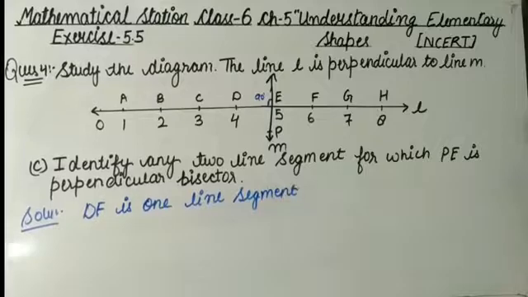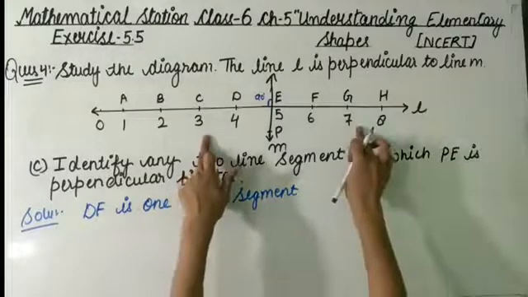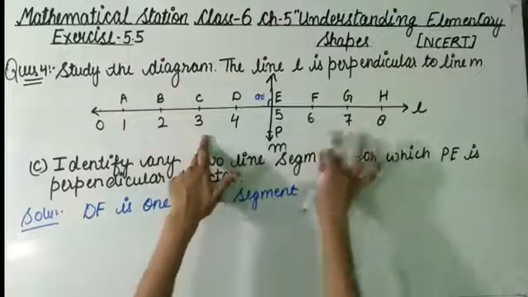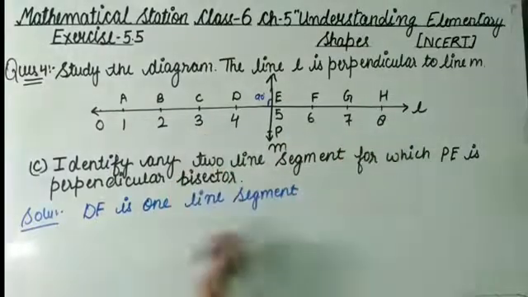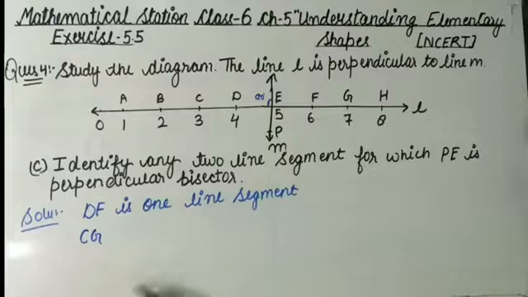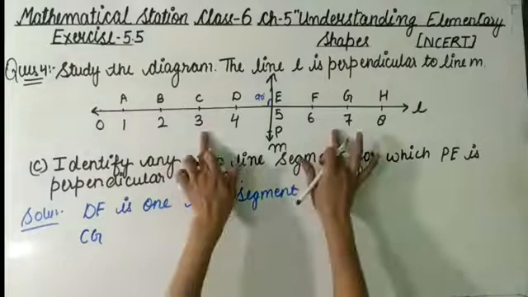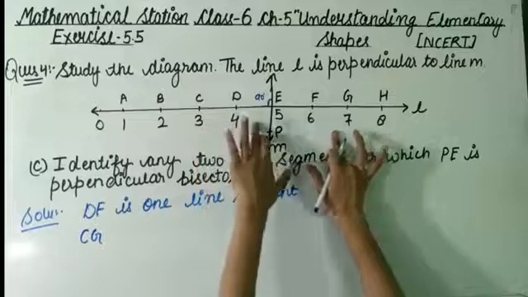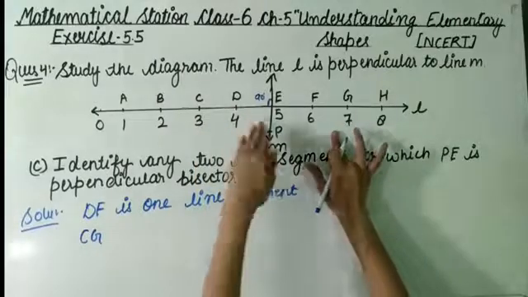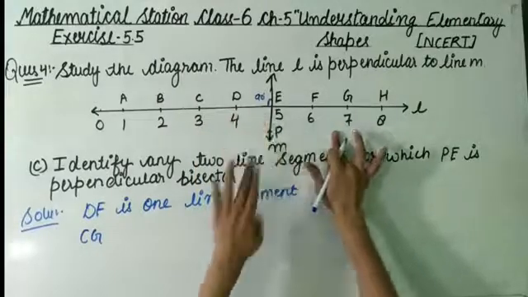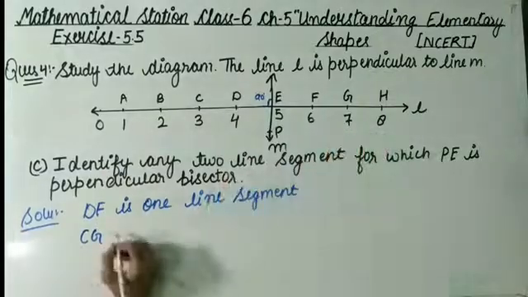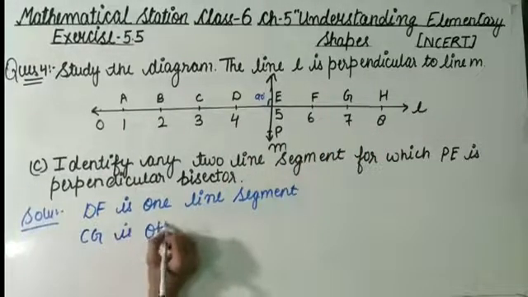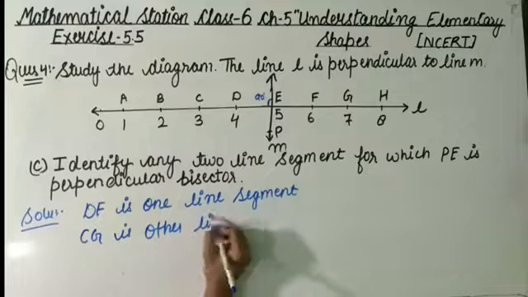Next, if we take the line from C to G, so CG is the other line segment.